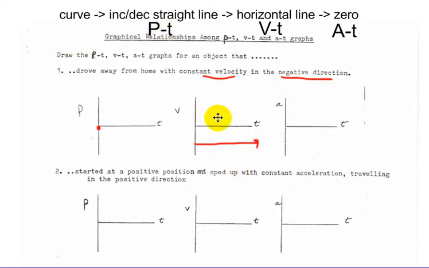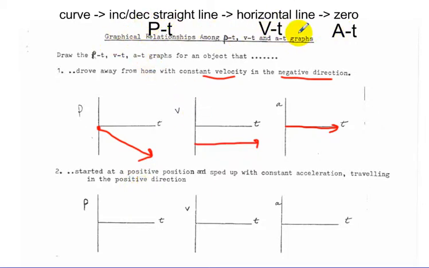You can see the slope of that now is simply 0. And our PT graph, according to this, is going to be an increasing or decreasing straight line. What type of line will give me a slope that's a constant negative number? Something that looks like this, a line that's going in the negative direction. You can see how that fits in here.